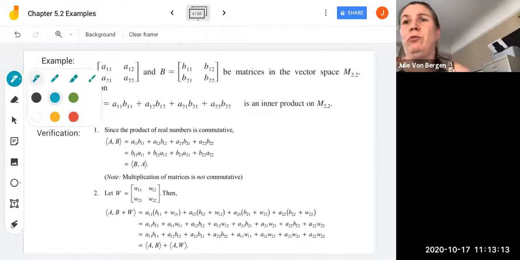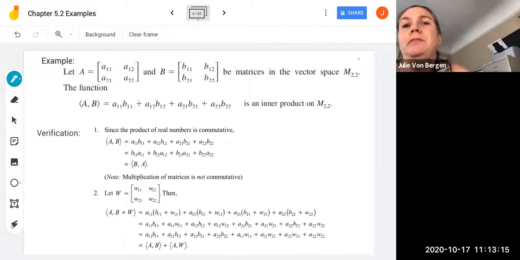Okay, let's do one more example. We're going to let A be the usual 2 by 2 matrix, with A11, A12, A21, and A22 as the components. And B will be the usual 2 by 2 matrix with B11, B12, B21, and B22 as components. And these are matrices in the vector space M 2 by 2.